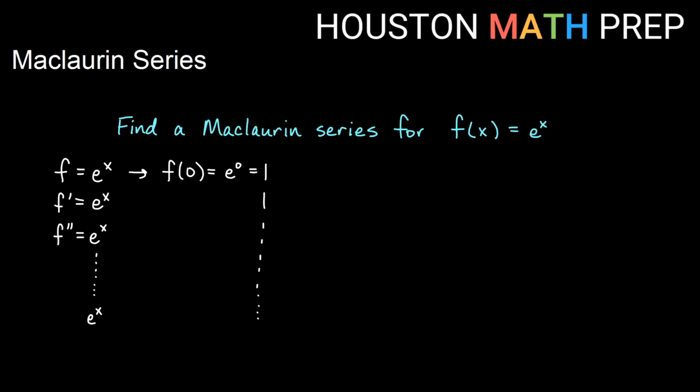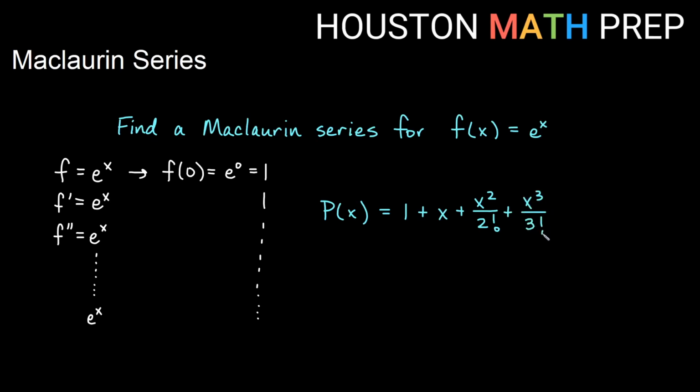So the Maclaurin series for e to the x is basically the series where all of those values for all of the derivatives with 0 plugged in just give us 1. So I have a 1 plus 1x, we'll just call it x, plus 1x squared, I'll just call it x squared, over 2 factorial, plus 1x cubed over 3 factorial.